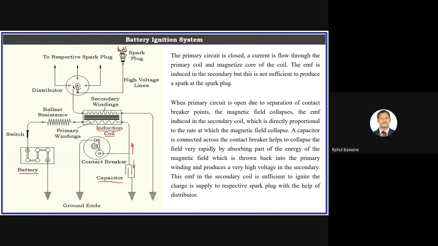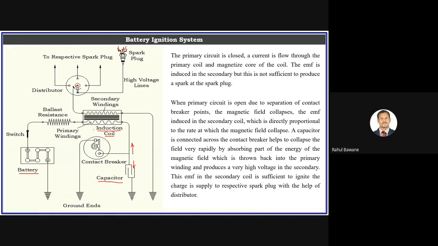Like that, whenever the circuit is completed, the capacitor gets charged, and the primary current is responsible for generating a magnetic field in the core, but the generation rate of the magnetic field is not enough to induce an EMF of that much intensity, but the rate of collapse is high.